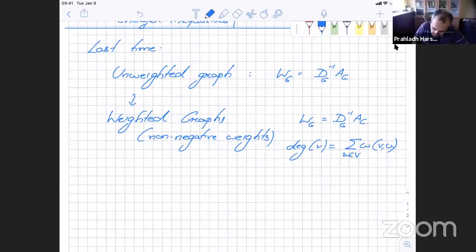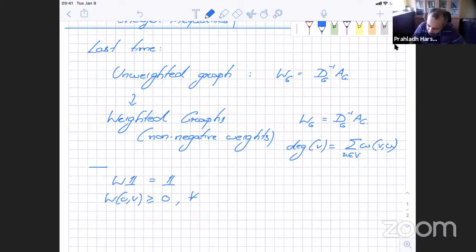And the random walk matrix had the following properties. The all ones vector was a right eigenvector, so it was sort of an averaging operator. And the fact that it was non-negative just told us that W_uv is greater than or equal to 0 for all u and v.